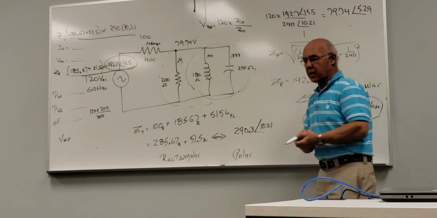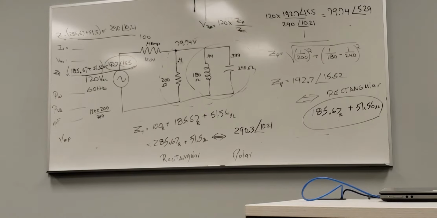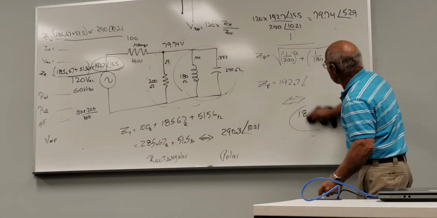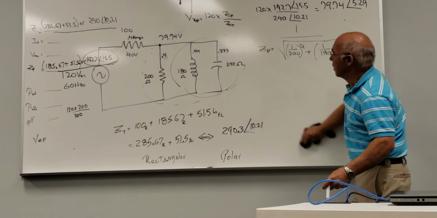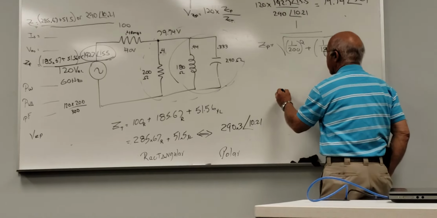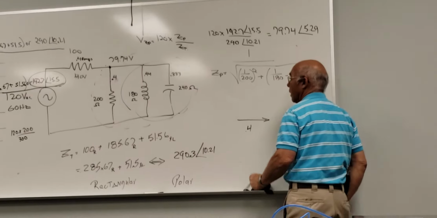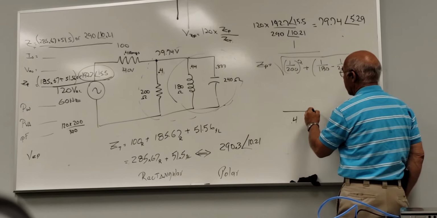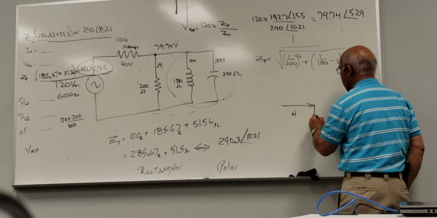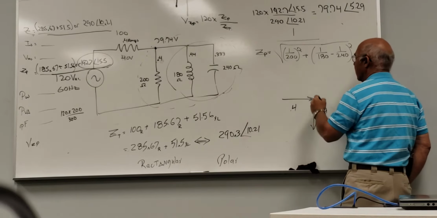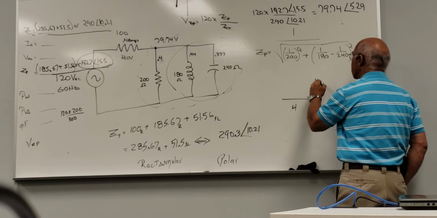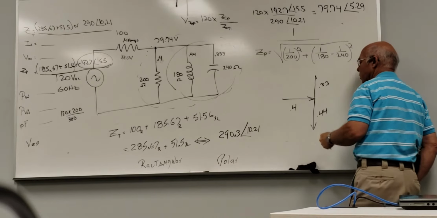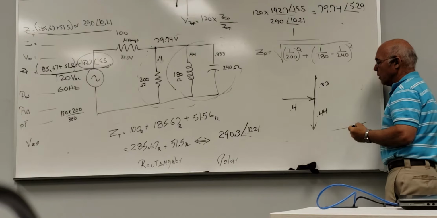Let's just look at the currents for a second. We got 0.4 amps through the 200 ohm resistor. We got 0.44 through the inductor. We got 0.33 through the capacitor. So we subtract these two, that gives us 0.11.